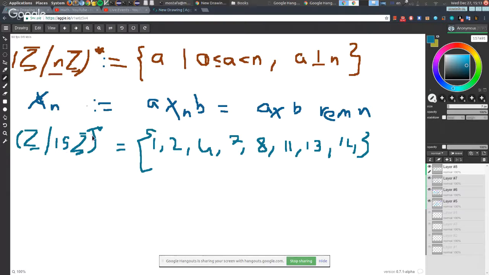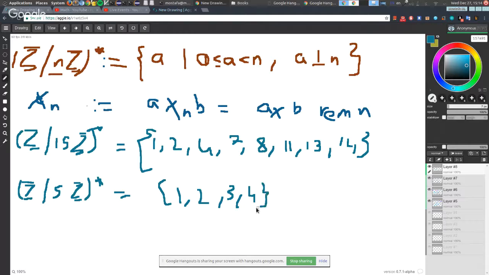So this is the multiplicative group of 15. And we'll see that there's also another multiplicative group, let's say the multiplicative group of 5. So this has all the elements 1, 2, 3, 4. So this was another example, and so on.